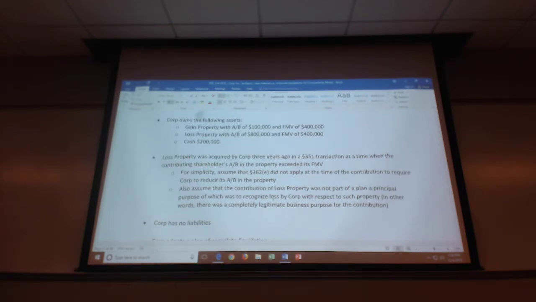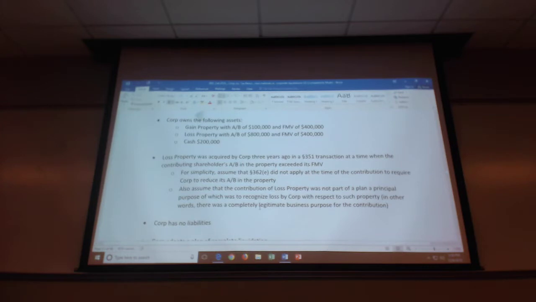This is sort of a lukewarm bad guy example, because this does not involve evil intent. I apologize. This example, example 12, to be clear, involves the fact pattern in which the loss property had been contributed in a 351 transaction at a time when the property had basis in excess of value.